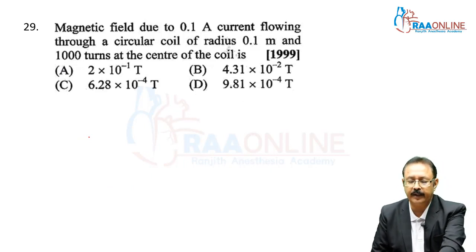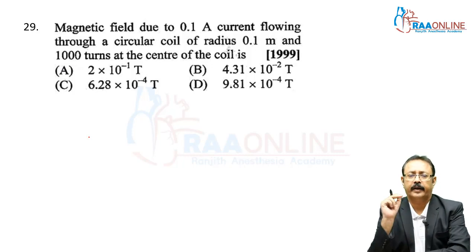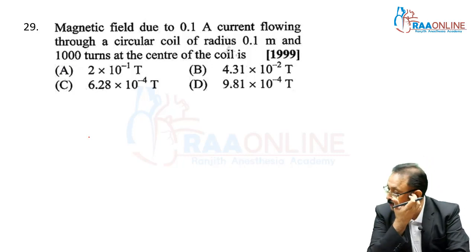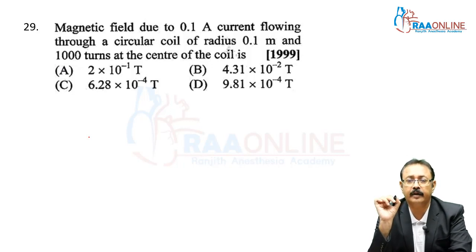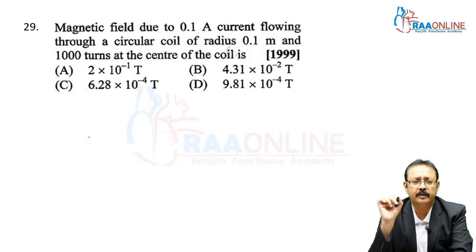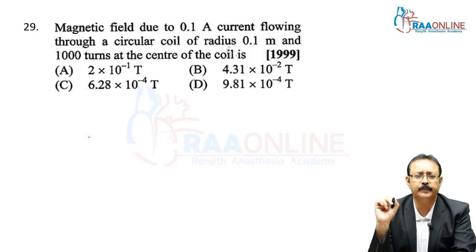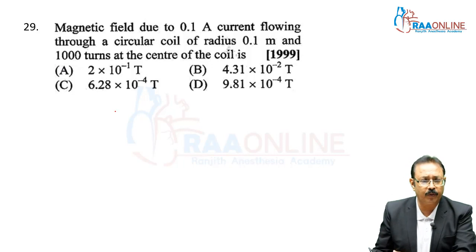The 29th problem, it is from 1999 AIPMT. What is the problem? A magnetic field due to 0.1 ampere current flowing through a circular coil of radius 0.1 meter, 1000 turns. A direct problem. All physical quantities are in SI units, so no need to convert.